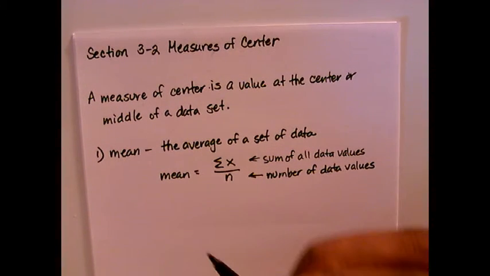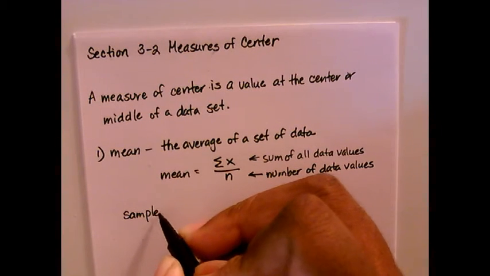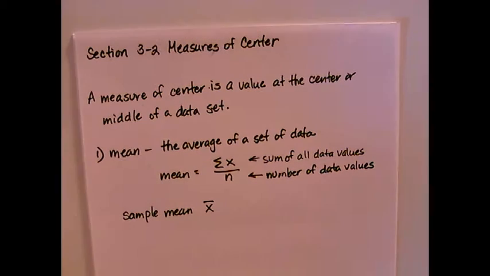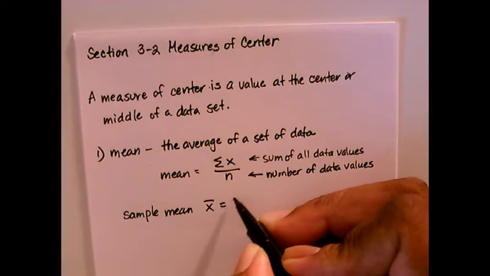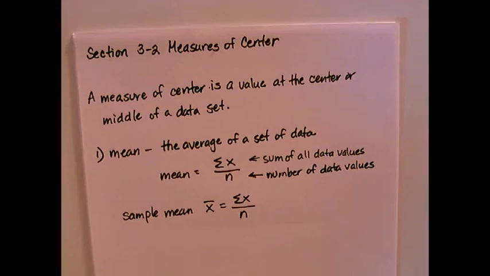For a sample mean, we use x with a bar on top, meaning sample mean. That's the sum of all your x's divided by lowercase n. Lowercase n represents your sample size, and x represents each individual data value.